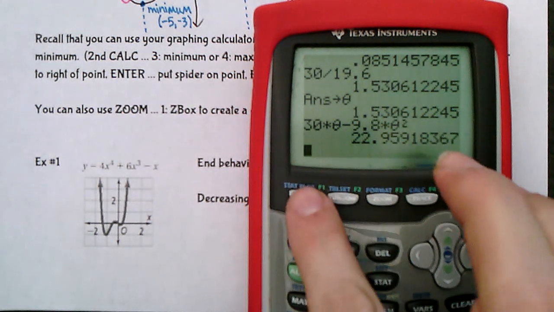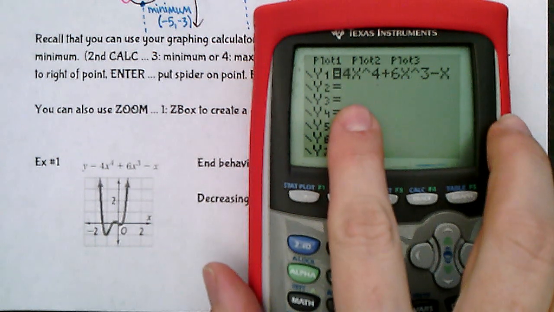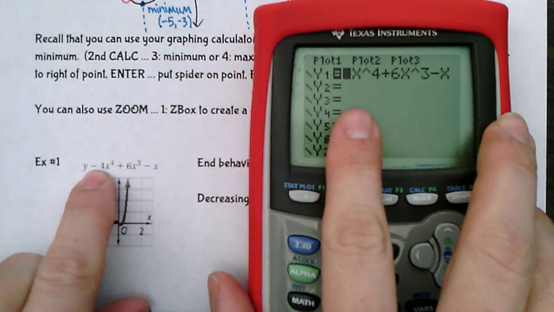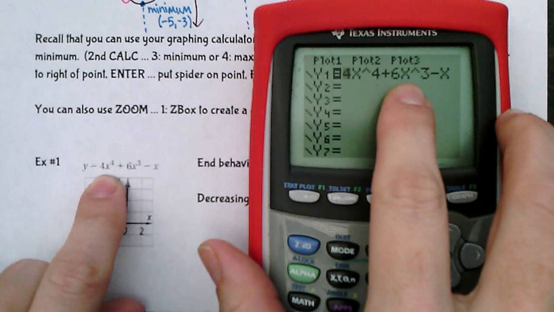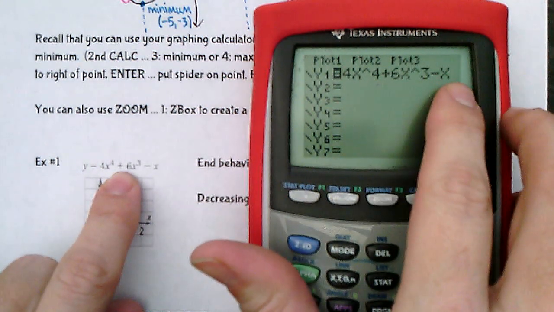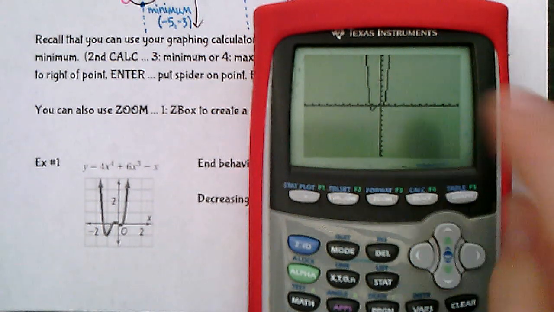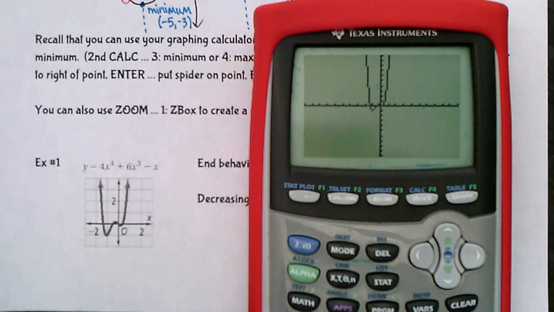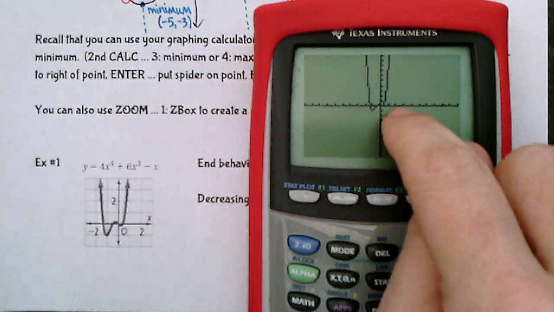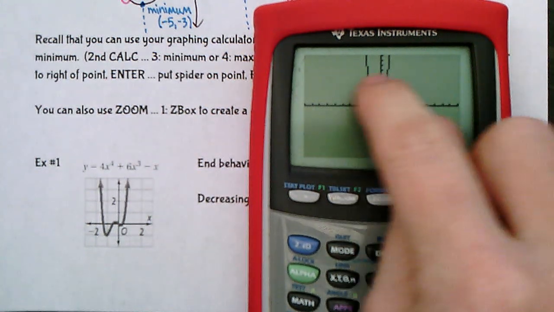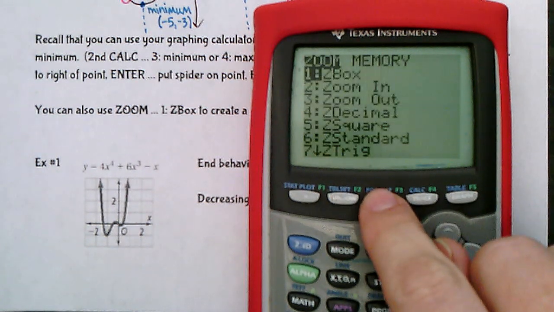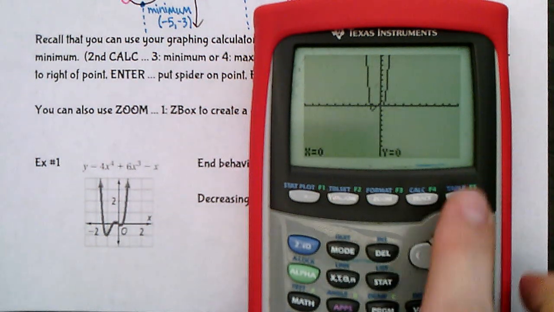So we'll go to y equals, and we'll type in y equals 4x to the 4th plus 6x cubed minus x. Now when I look at that in the standard window, I don't get a very good picture. What I'm looking to find is where the maxes and mins are, so I'd like to zoom in on this area. One way to do that is to do zoom box.